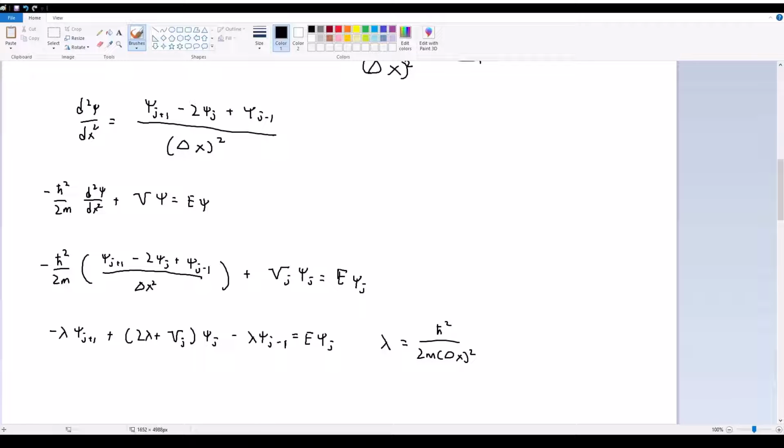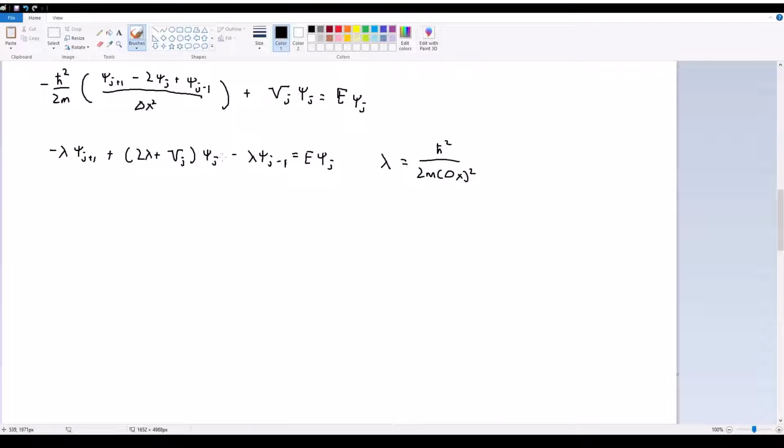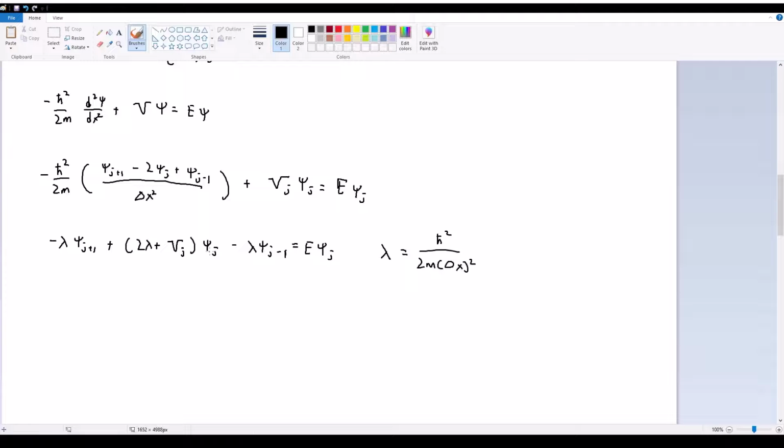And basically, what this is saying is that the number of intervals you decide to split your wave function into is going to determine the number of equations you have. So let's say that it's some sort of potential well that looks something like this, maybe for v, and this is from 0 to a.